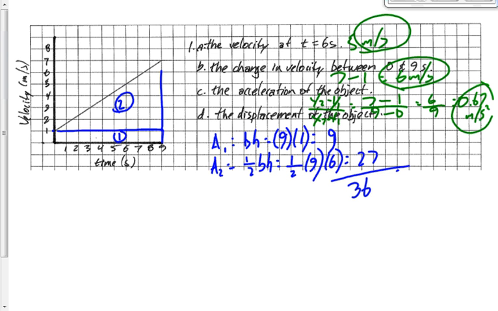Yeah, you're finding area, but it's not an area of a box that's meters and meters. It's the area of a funny shape that's seconds and meters per second. So if we multiply the axes there, it's actually going to be 36 seconds along the x-axis and meters per second along the y-axis. They cancel, and we're left with 36 meters.